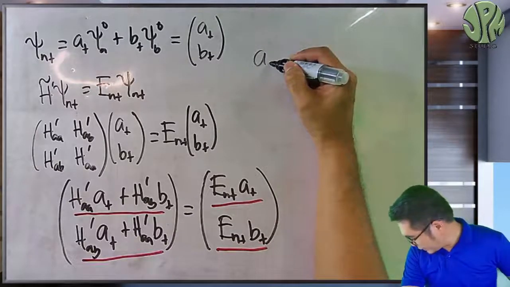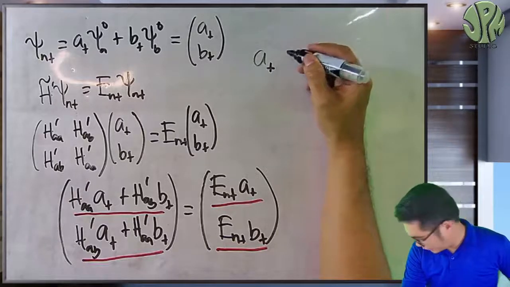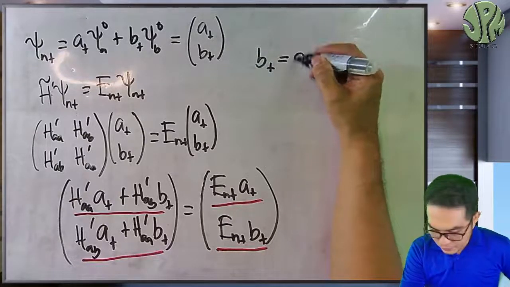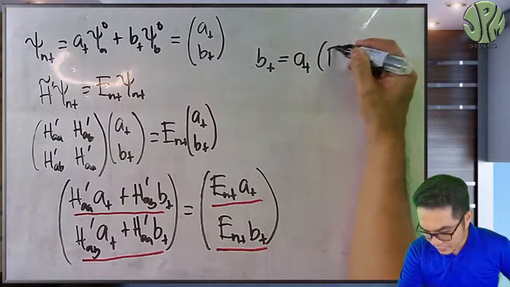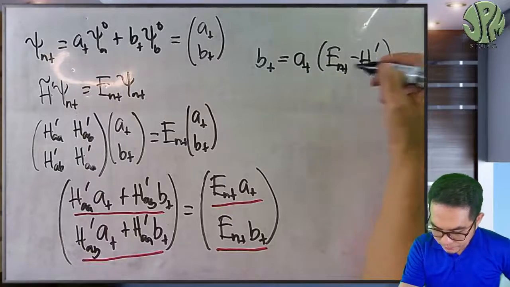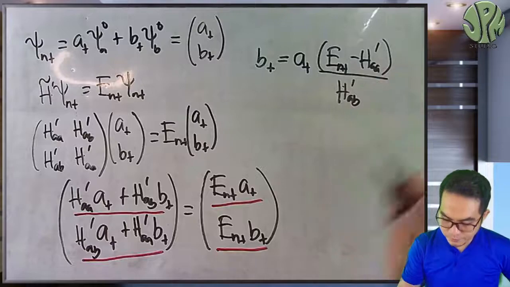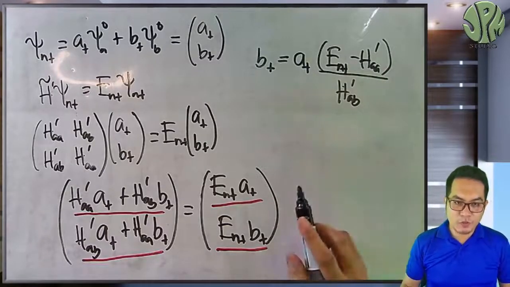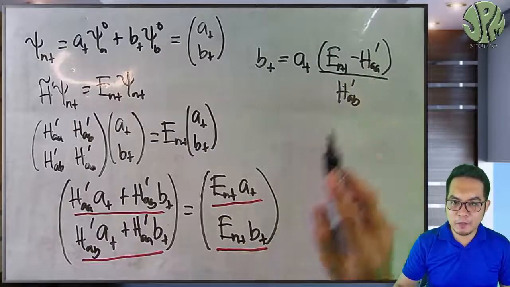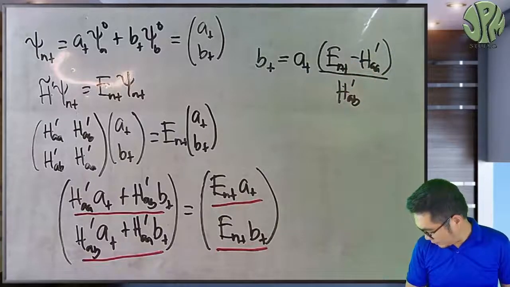You will get B plus equal to A plus times En plus minus HAA prime over HAB prime. If you substitute the results that we have before for En plus, HAA prime and HAB prime, we will actually get this value to be equal to -1.